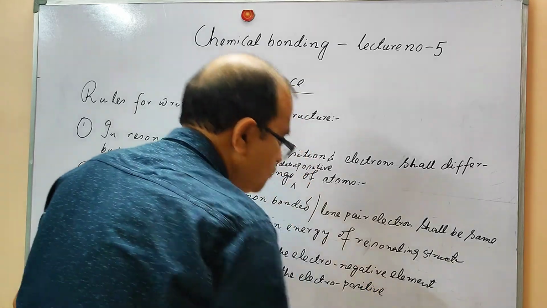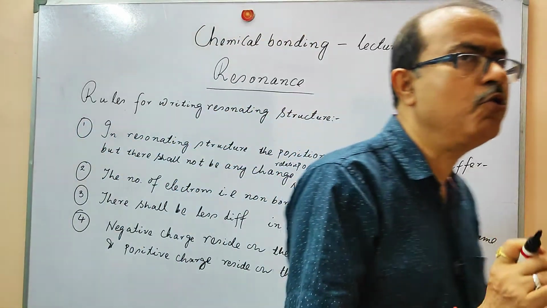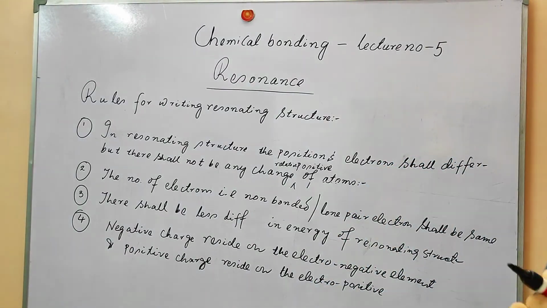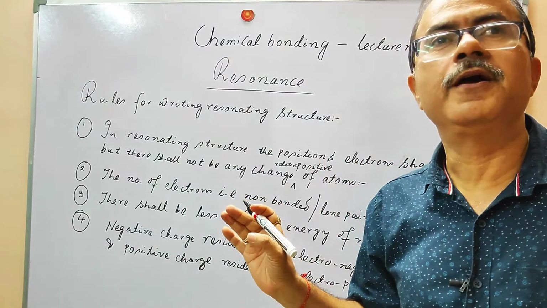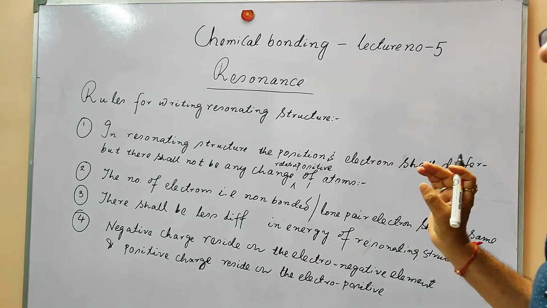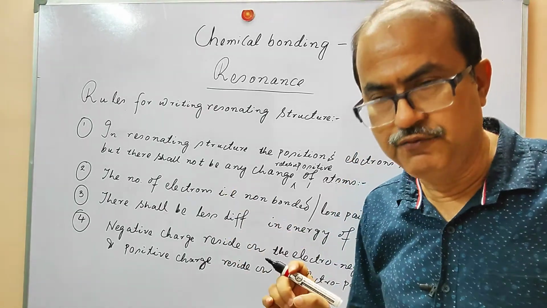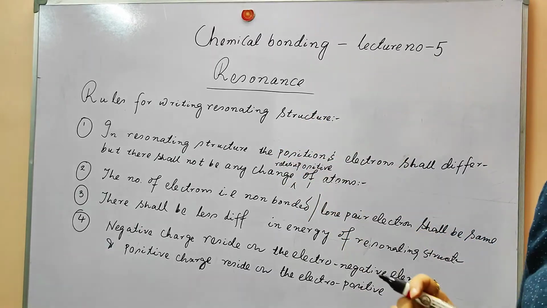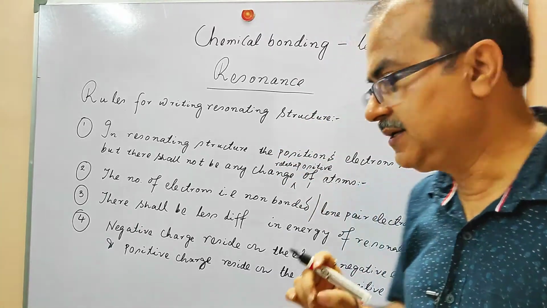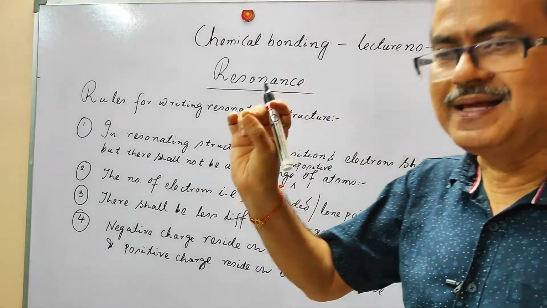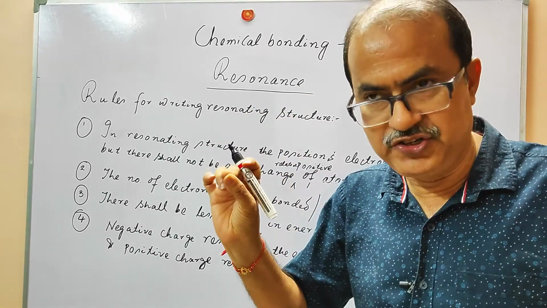Sometimes a question arises. You have been given the resonating structures, and you have to say which structure contributes much more to the stability of the resonance hybrid. At that time you have to see where the charge has resided.